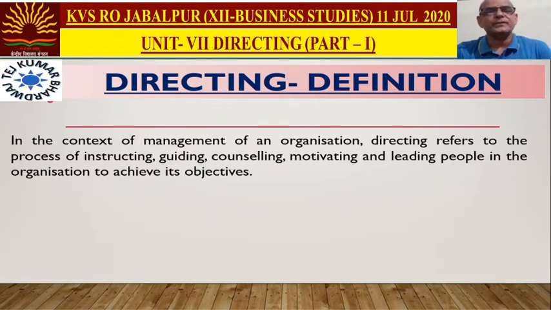And what are those functions? Instructing, giving instructions, guiding, giving them a path, show how to perform, counsel them, to motivate them, to induce or to give them stimulation, and to lead them, people in the organization, to achieve its objectives.